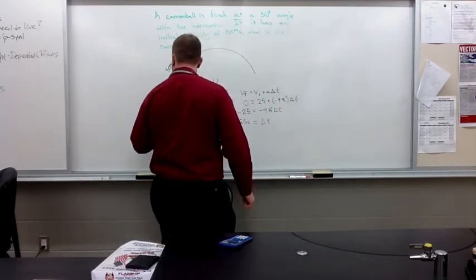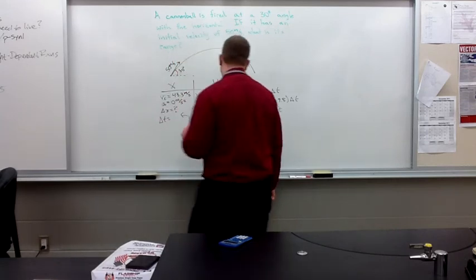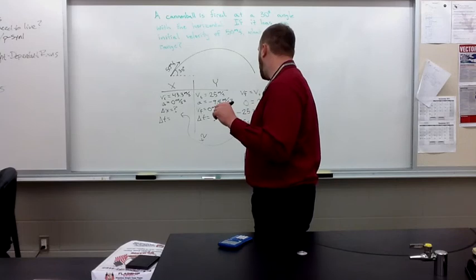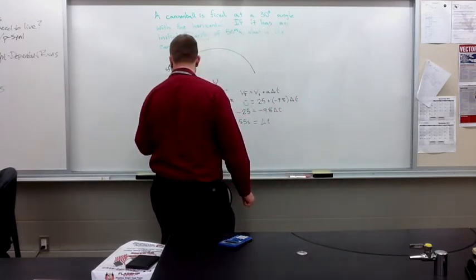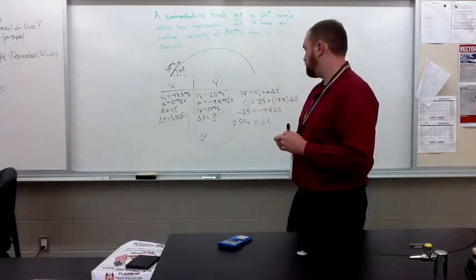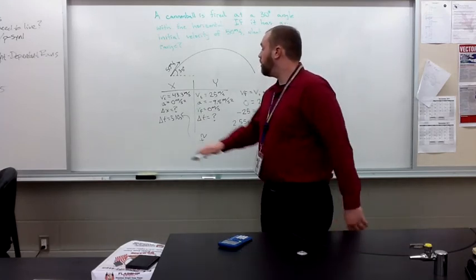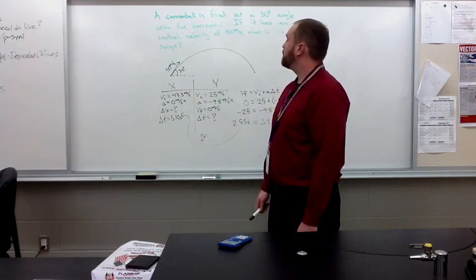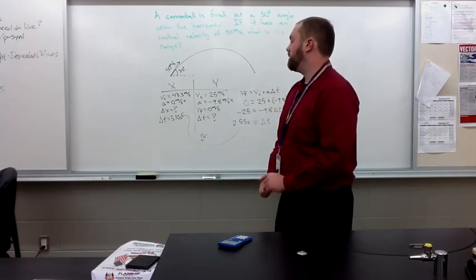So when we use time over here, we're going to make that, what would that end up being? 5.10. Alright? Yeah, it looks right. Alright, cool. So 5.10. So now you've got everything you need in order to figure out what your delta x is going to be.